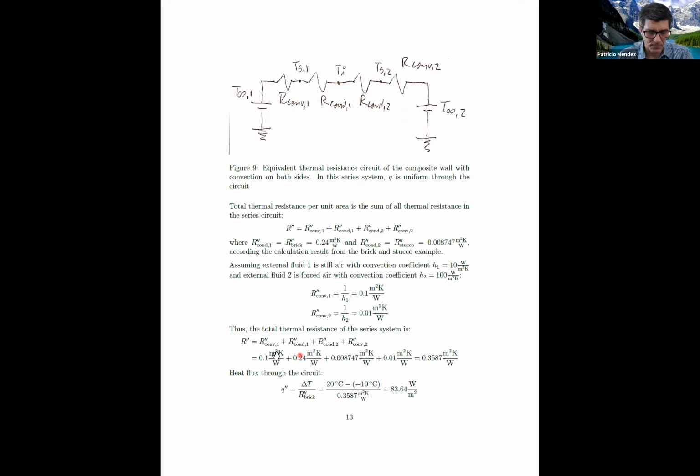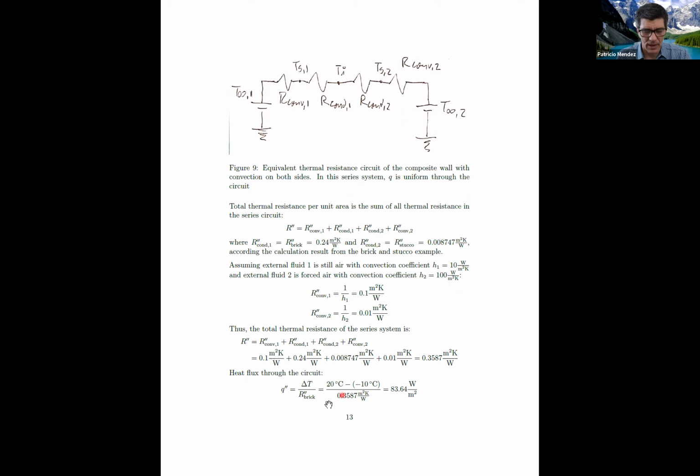And resistance of convection inside, that is by natural convection, look, is 0.1. This is significant. 0.1 is comparable to the 0.24. 0.1 is way bigger than the resistance of the stucco and way bigger than the resistance of convection outside.